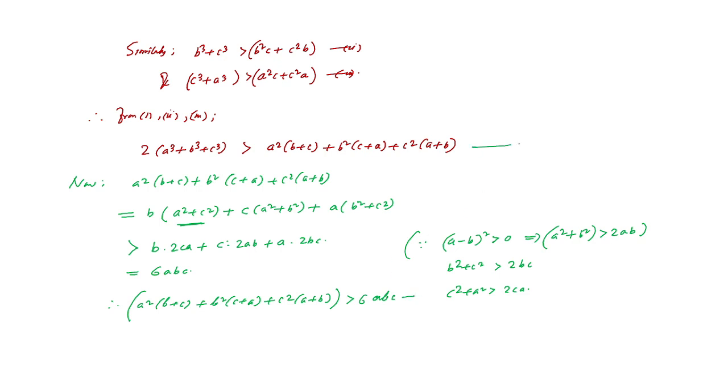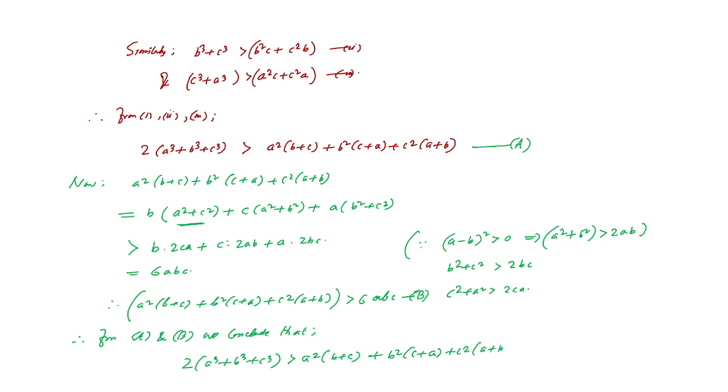This is our capital A that we proved earlier, and this we consider as capital B. So therefore from A and B we conclude that 2 into a cube plus b cube plus c cube is greater than a square into b plus c plus b square into c plus a plus c square into a plus b, and this is also greater than 6abc.